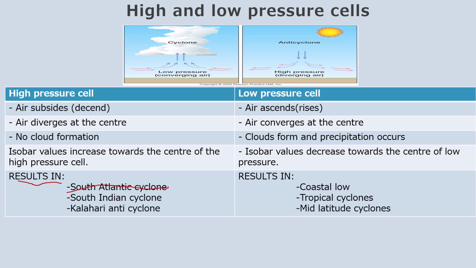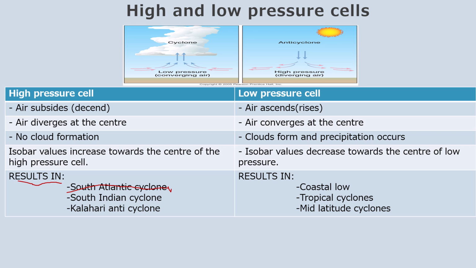What is a cyclone? We're going to get to this one later as well. The South Atlantic anticyclone occurs in the southern Atlantic Ocean, near South Africa.